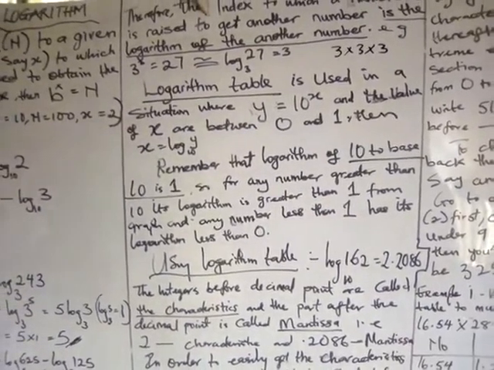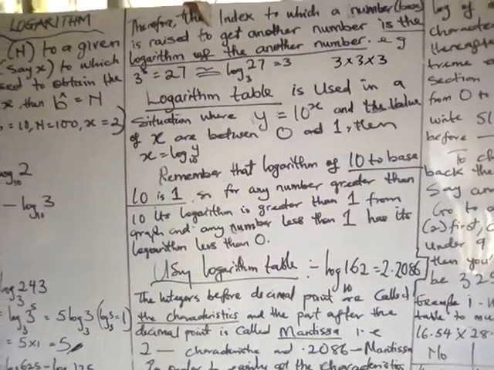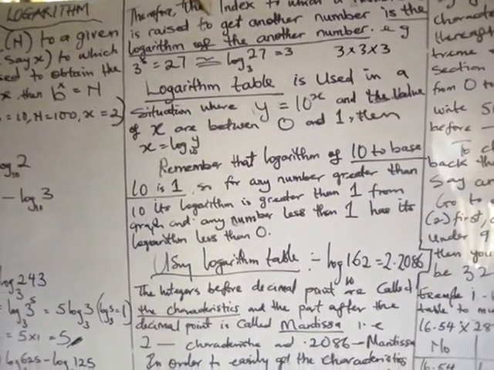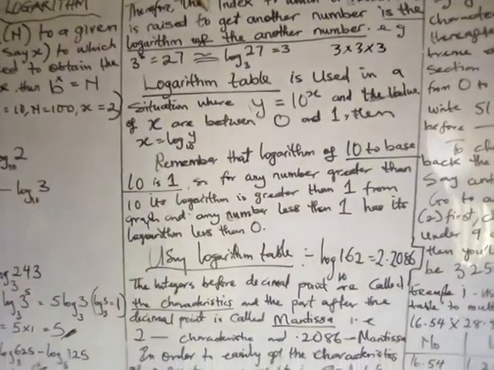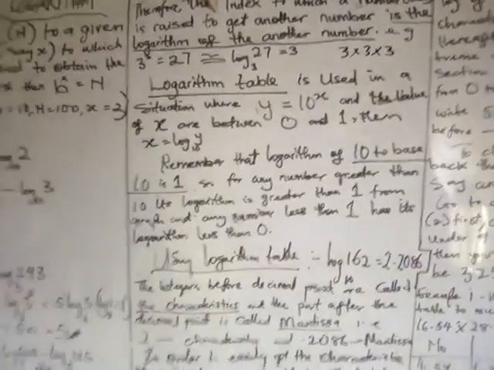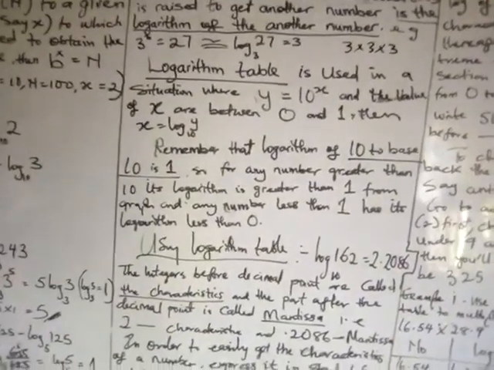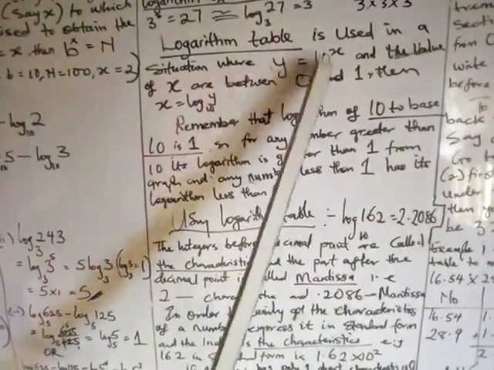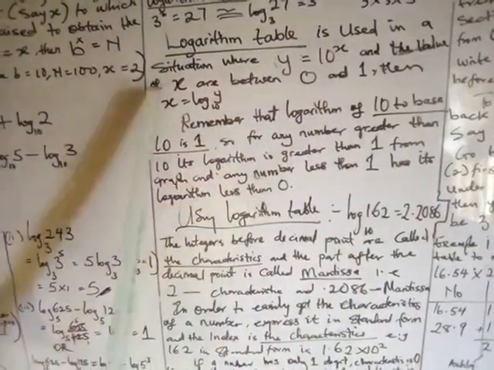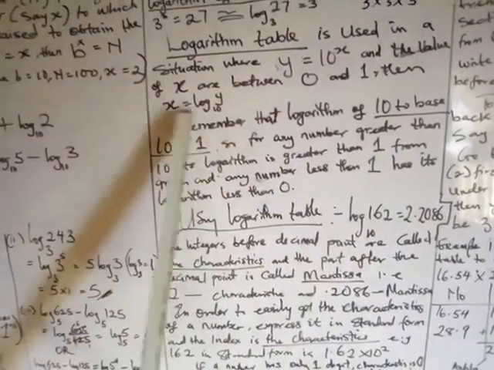So please pay rapt attention to this so that you don't miss it. If you have this foundational knowledge, then in chemistry, in physics, in whatsoever you find yourself, you're able to use the logarithm table as easily as possible. So logarithm is used in a situation where y is equal to 10 to the power x, and the value of x is between 0 and 1, then x is equal to log of y.